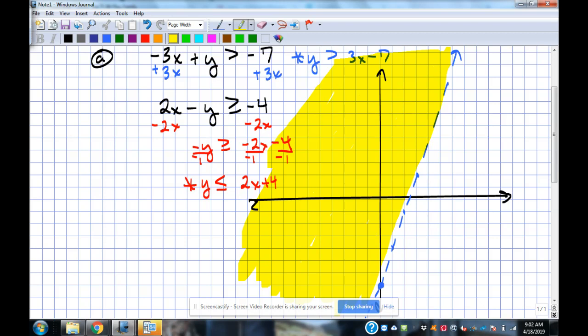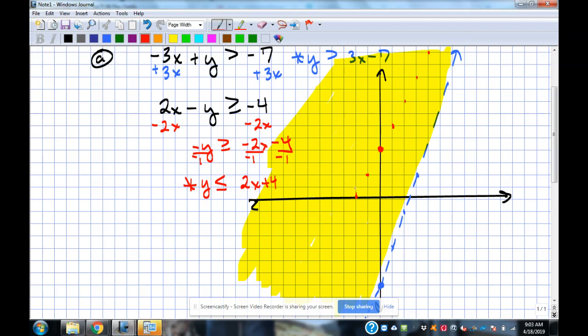So second one, y-intercept positive 4. Slope is positive 2. Keep going with that. Go down a little bit this way. Is this one a solid or a dashed line? Solid.